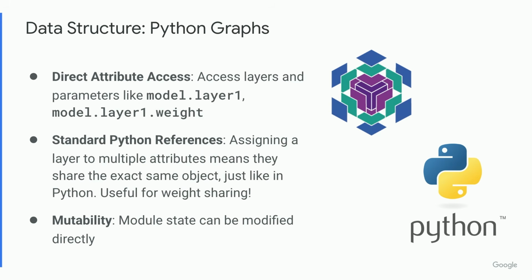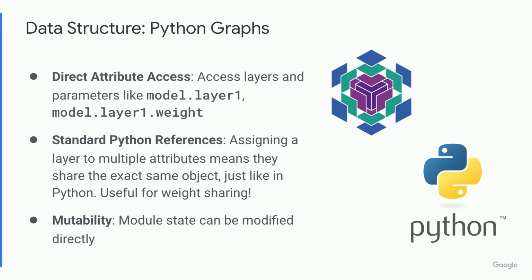Accessing these submodules or parameters later is also standard Python attribute access, model.layer1 or model.layer1.weight. And importantly, standard Python reference semantics work exactly as you'd expect.